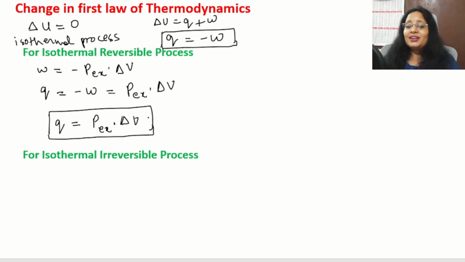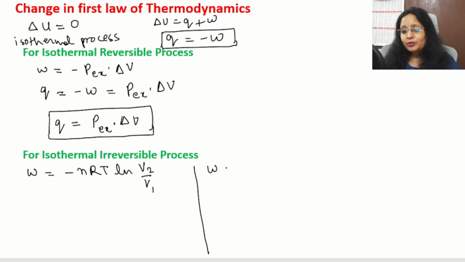Okay friends, now in the same way for isothermal reversible process, we knew that work done is equal to minus nRT natural log V2 upon V1. And one more thing, with log base 10, W is equal to minus 2.303 nRT log V2 upon V1.